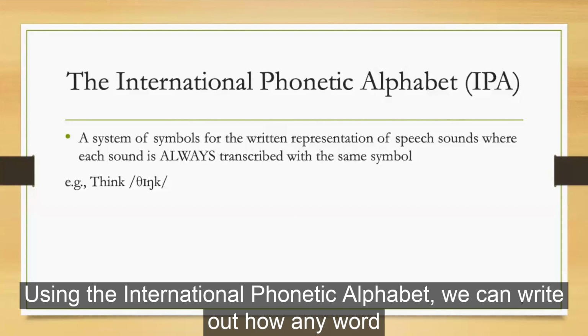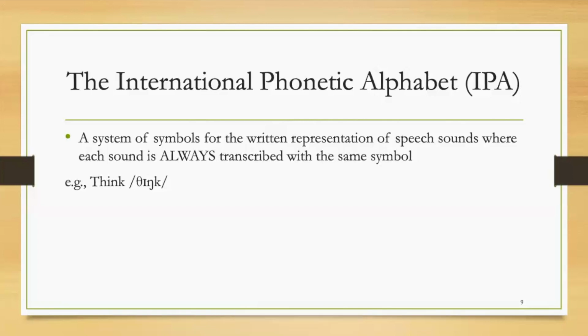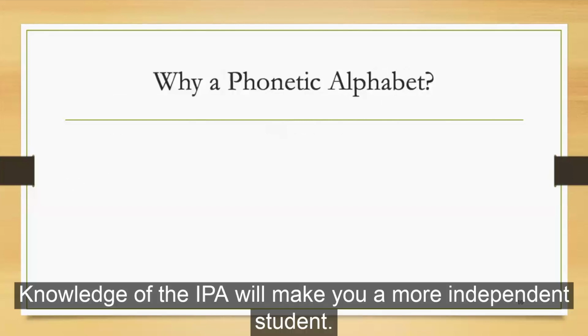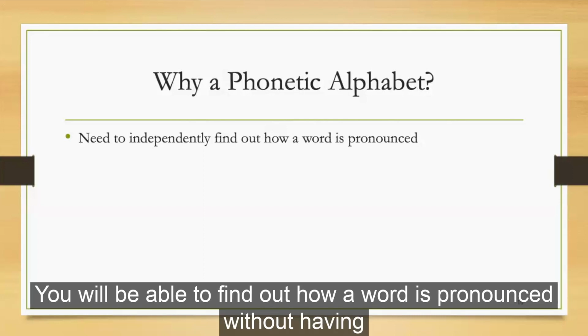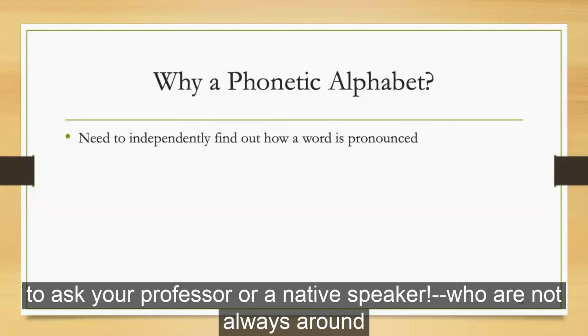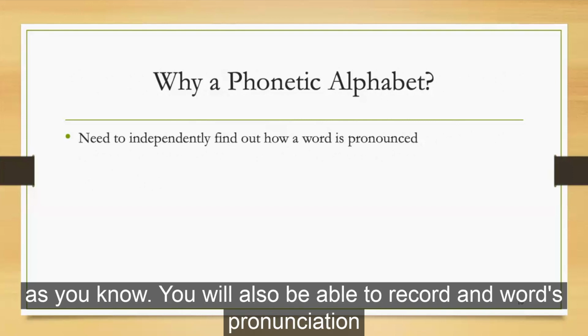Using the International Phonetic Alphabet, we can write out how any word is pronounced. Knowledge of the IPA will make you a more independent student. You will be able to find out how a word is pronounced without having to ask your professor or a native speaker, who are not always around, as you know.